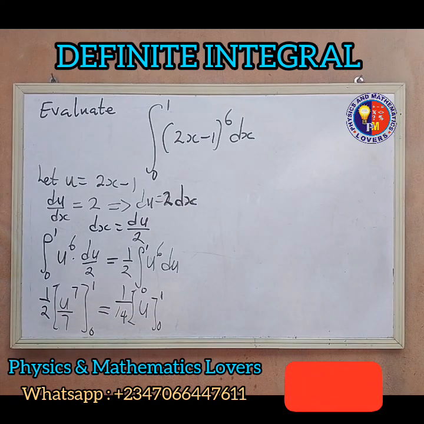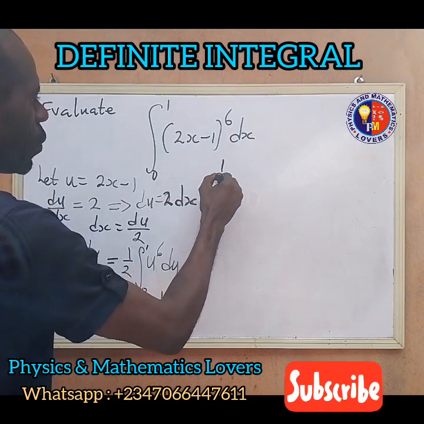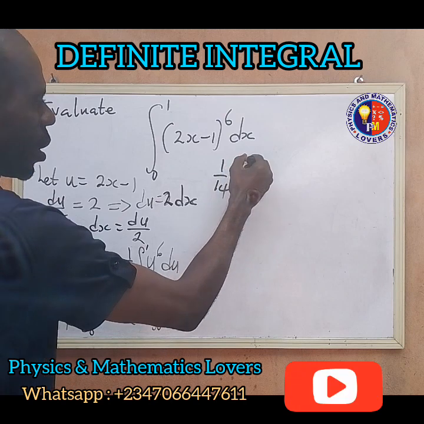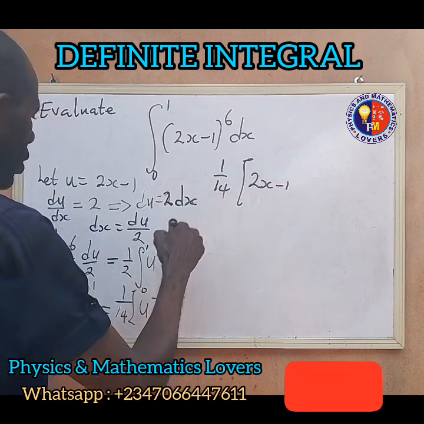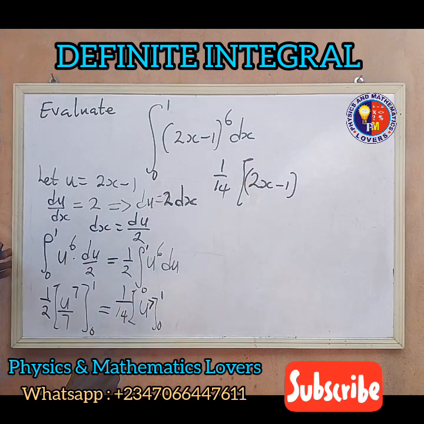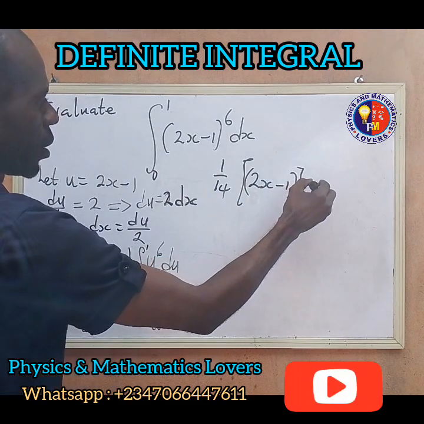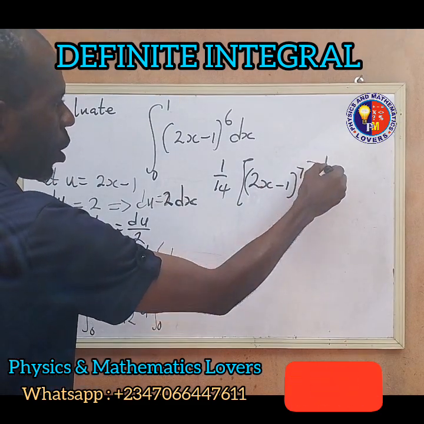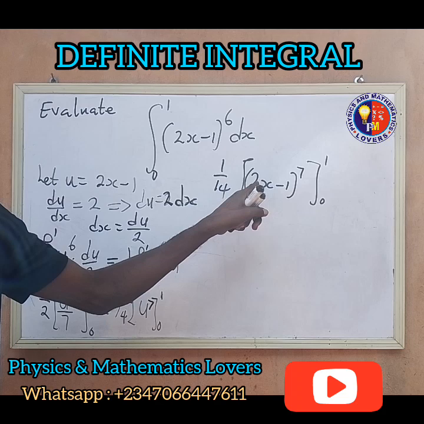Now we are going to have 1 over 14, then 2x minus 1, raised to the power 7, evaluated from 0 to 1.